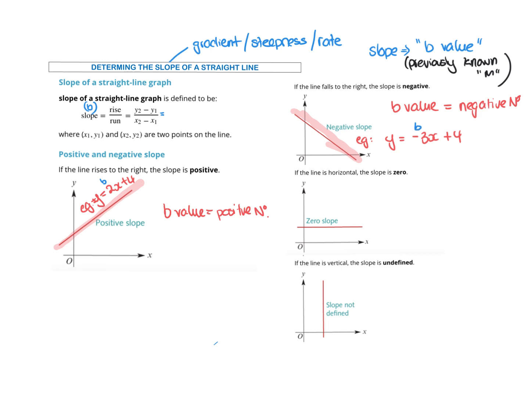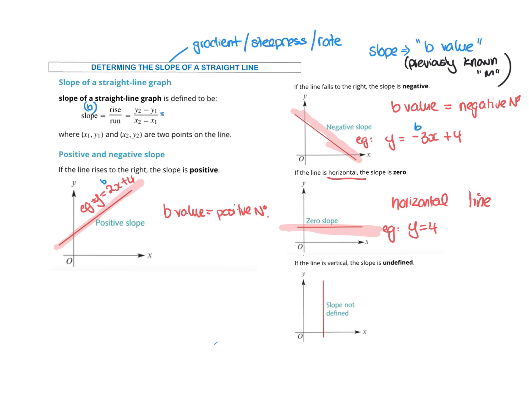If you have a zero gradient, you've got a horizontal line. You might write that down. An example of an equation for that would simply be y equals 4. There's no x in there, because there's no gradient.